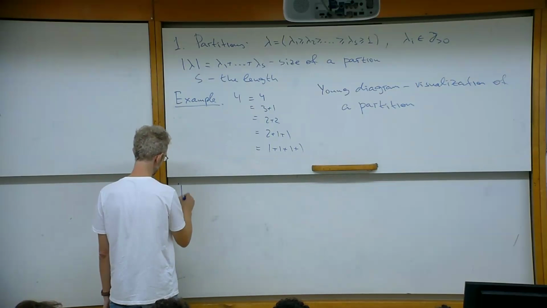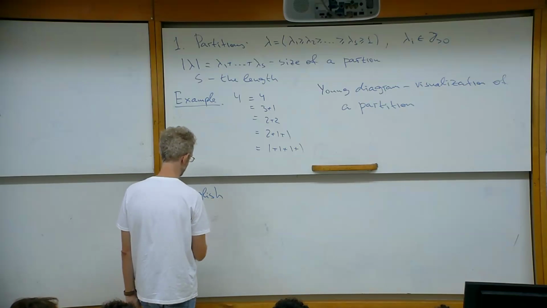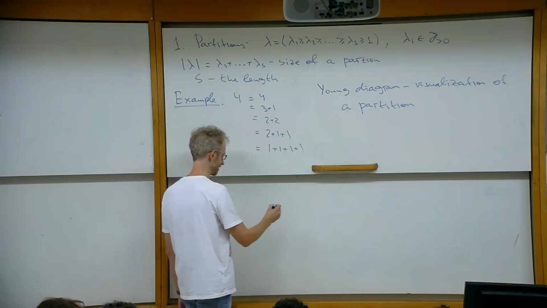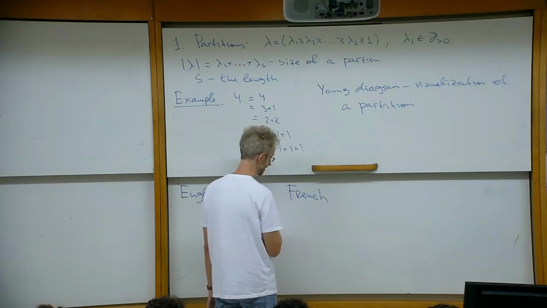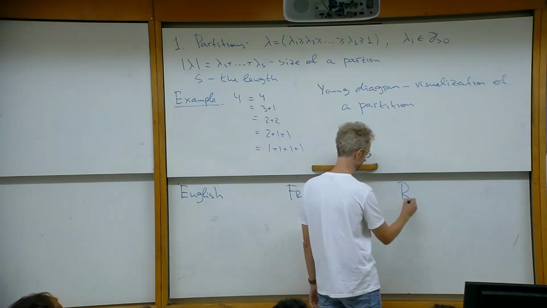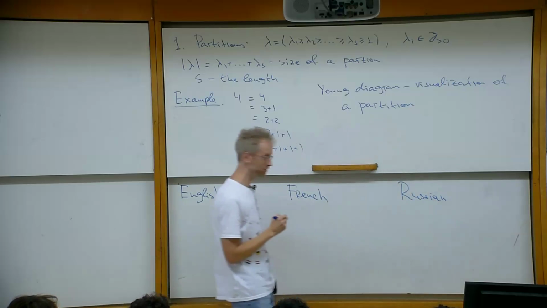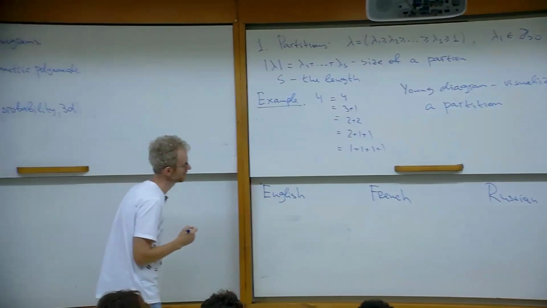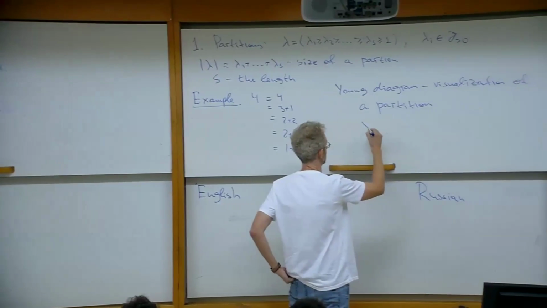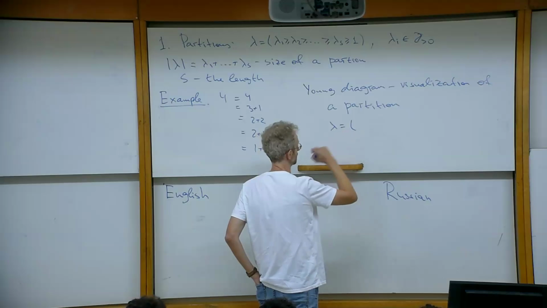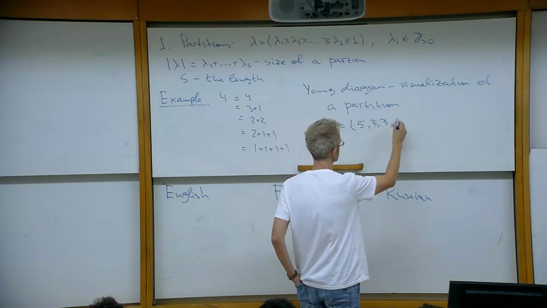So there is the English notation or English style, then French, and Russian. So let me give you an example. You'll see how it works. So maybe I start with the partition, say lambda being, for example, 5, 3, 3, 1.